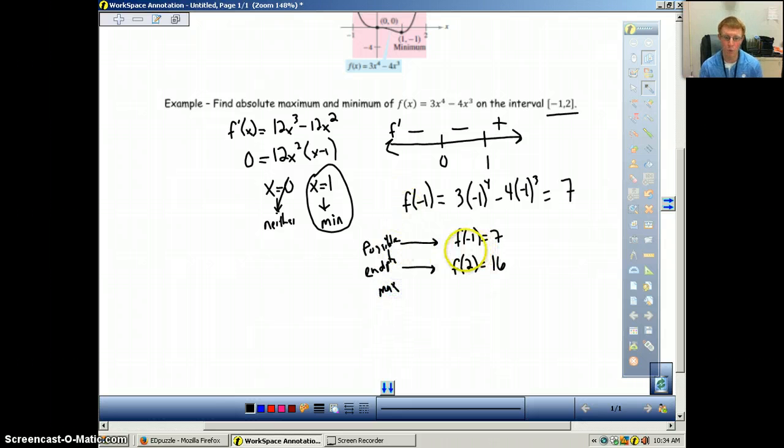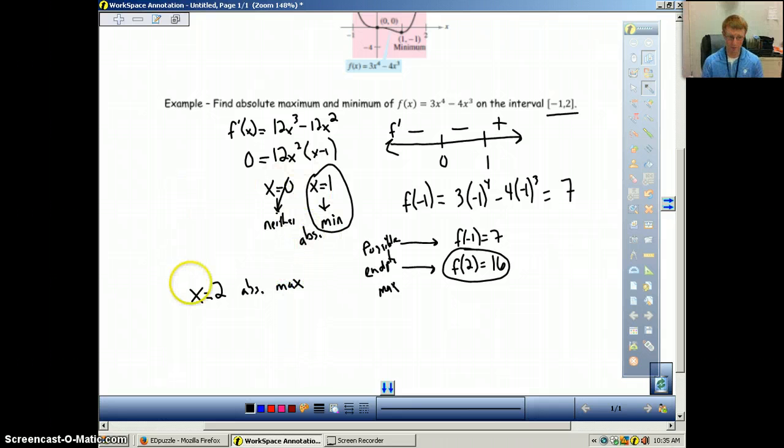But there can only be one absolute max, and it's the one at the highest point, so that's why it has to be this one. Because we have no other mins anywhere on the graph, there's only this one min, we know that it is not only a relative min, but our absolute min. So x equals 1 is our absolute min, and x equals 2 is our absolute max.